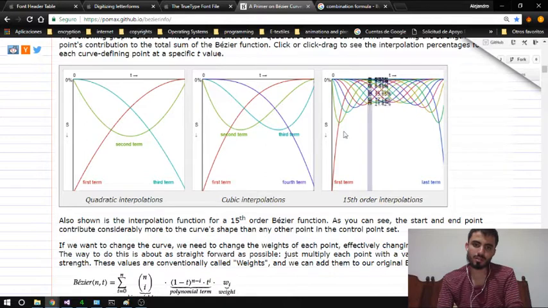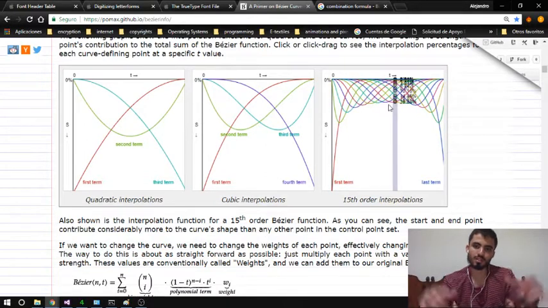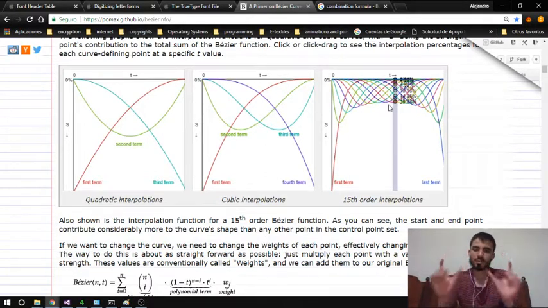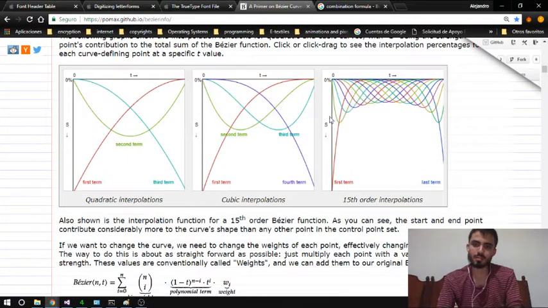And for 15, you're going to have 14, how do you say this, 14 concave spaces, I guess, concave curves, which is the same.